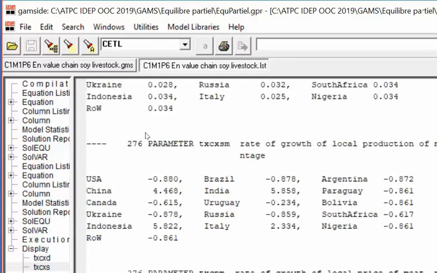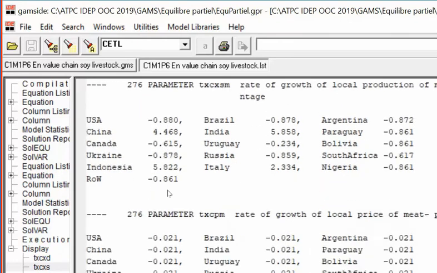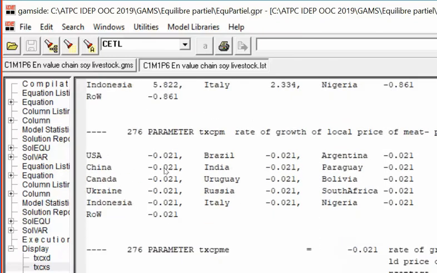So with that, you can in fact understand the impact of this shock on the local production of meat. And with that, you can have also an understanding of the evolutions of the local price of meat and all other variables.